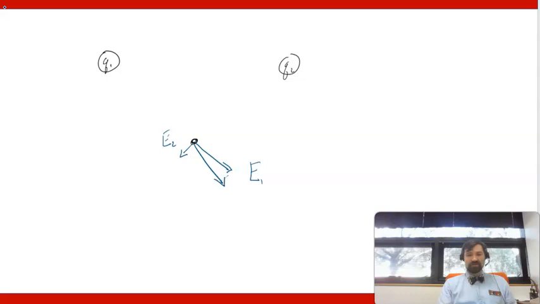So this would be the total electric field at that location. E is E1 plus E2. And I can do that for more than two charges as well. Actually, working an example like that would be a bit much for a short video, however.